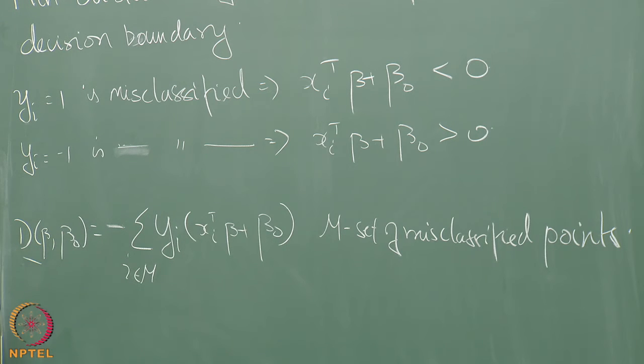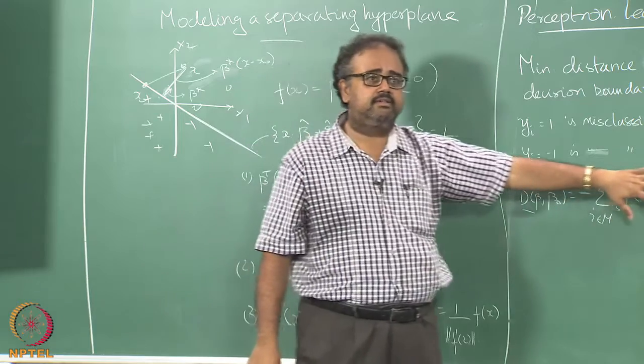So D is sometimes called the perceptron criterion, or the perceptron objective function. Does it make sense what we are trying to do here?